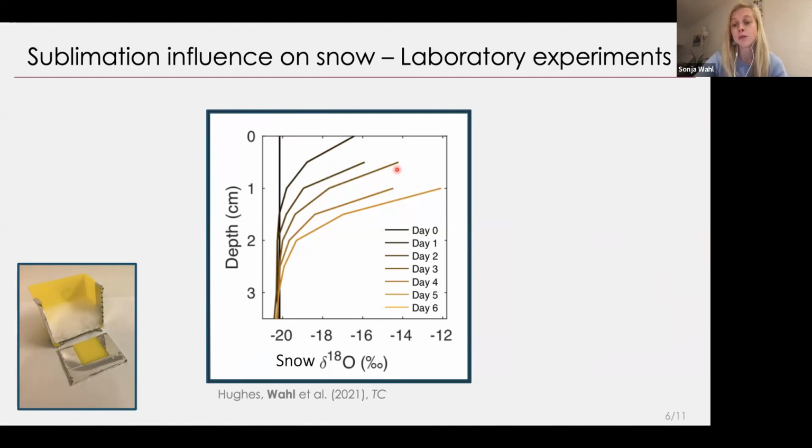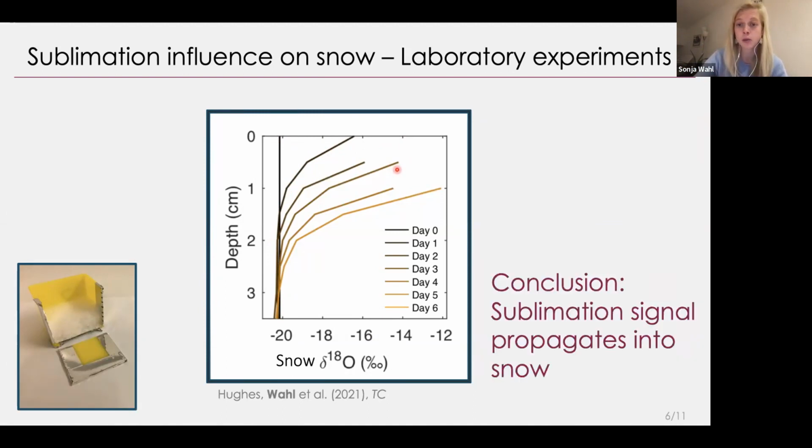And therefore, this experiment basically showed us that the sublimation effect is that the snow surface gets enriched, but the signal also propagates further down into the snow. Now this, as I said, was in controlled lab experiments. And then, of course, we wanted to see if we can see the same effect in real conditions.